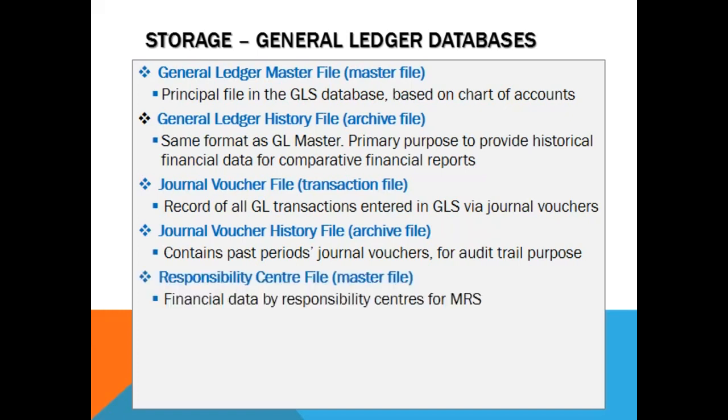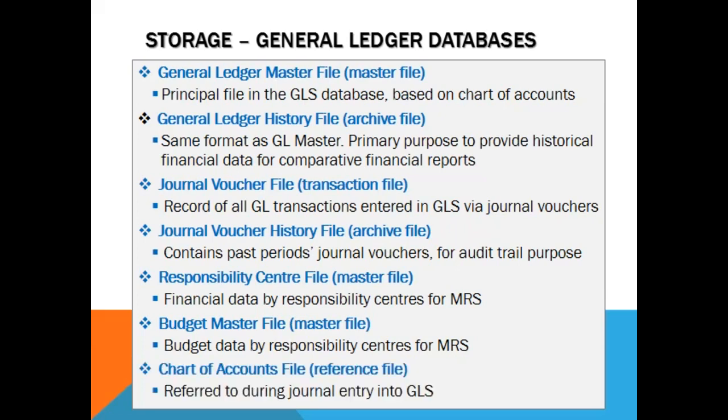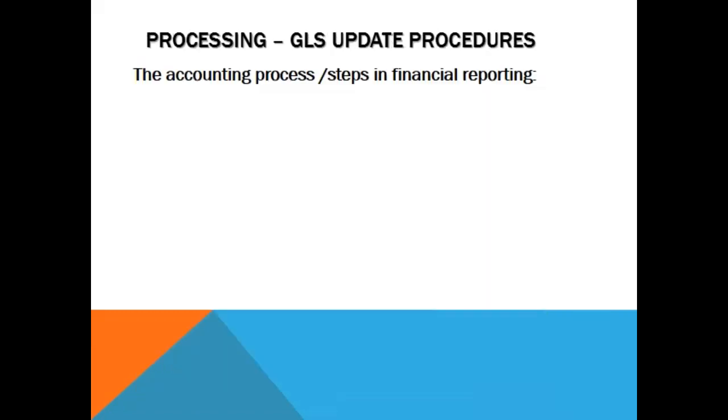The responsibility center file is a master file. It houses all the responsibility centers and it basically groups financial data by these centers. And the budget master file houses all the budget data. And your chart of accounts file is a reference file that actually stores all the different charts of accounts.